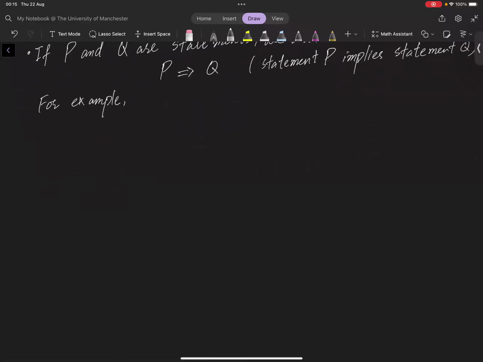For example, if x is 2, then x square is less than 6. If it is raining, then the sky is cloudy.